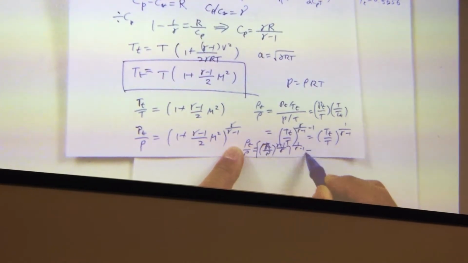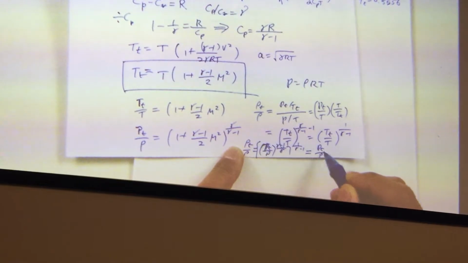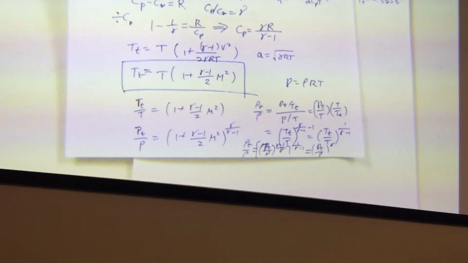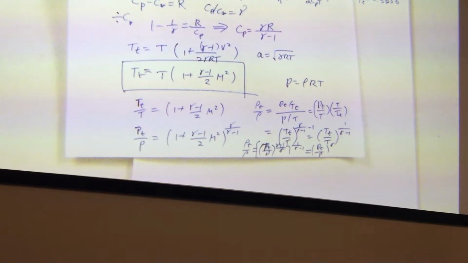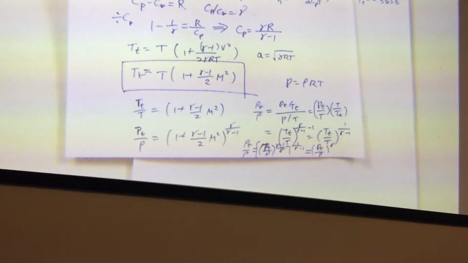So this is equal to Pt over P to the power of 1 over gamma. It's quite a mess down here, but you can do it easier. The power is algebra. It's really not fancy or challenging. Make sense? Could you rewrite the bottom line?